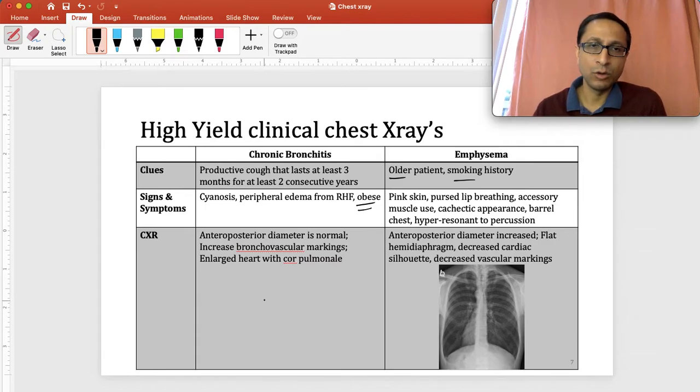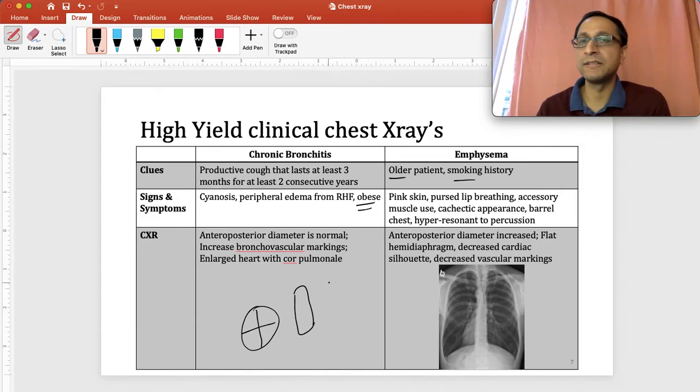And what exactly is a cor pulmonale? Anytime due to chronic lung condition, in this case, let's say it's chronic bronchitis, what happens is the patient is in a state of hypoxia, right? So decreased oxygen.